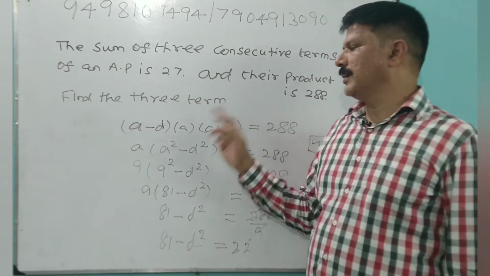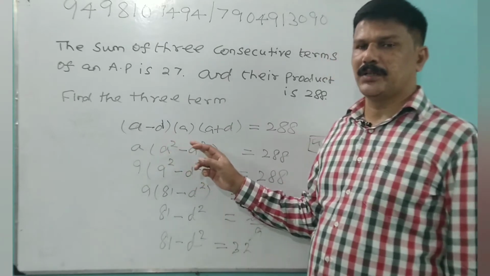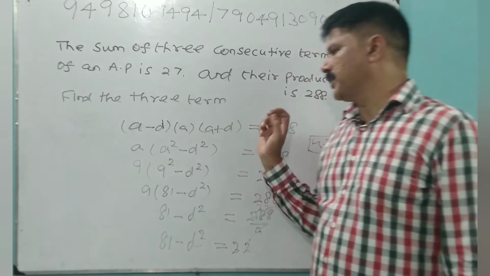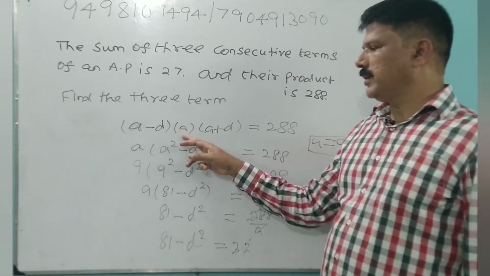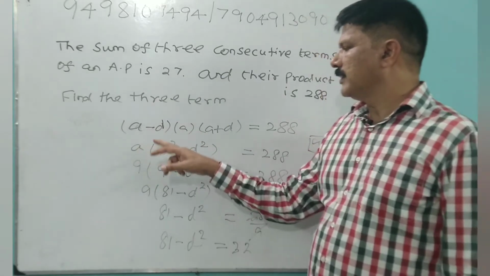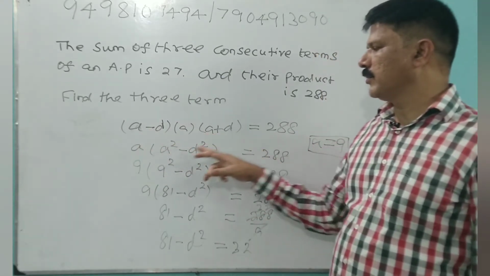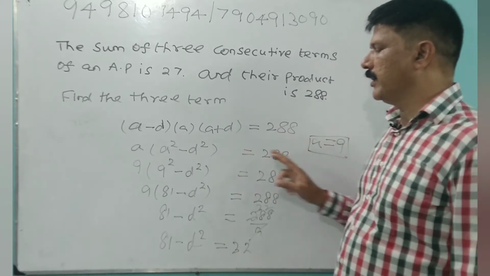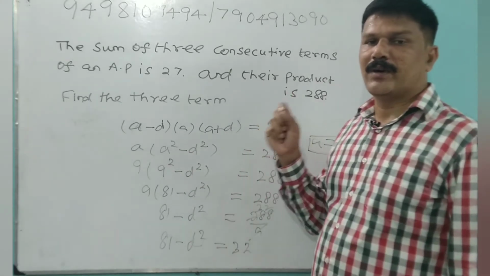From the question, the product of 3 consecutive terms is 288. Product means multiplication. So a minus d into a plus d equal to a square minus d square equal to 288. Then we substitute the value of a equal to 9.